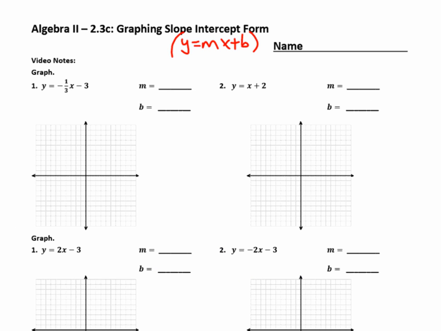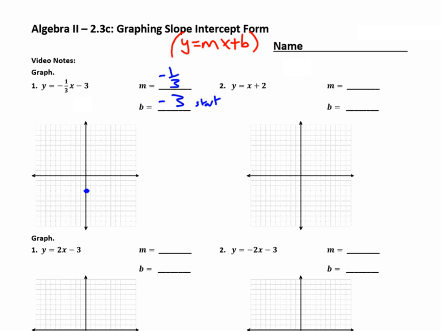So let's go back to our actual graphing here. I want to be able to name things. So I want to first put this in slope-intercept form. Done. Y equals mx plus b, where m is negative 1/3 and b is negative 3. So when I go to graph this, I'm going to start with the y-intercept. This is my start. So I start at negative 3. The y-intercept is negative 3.